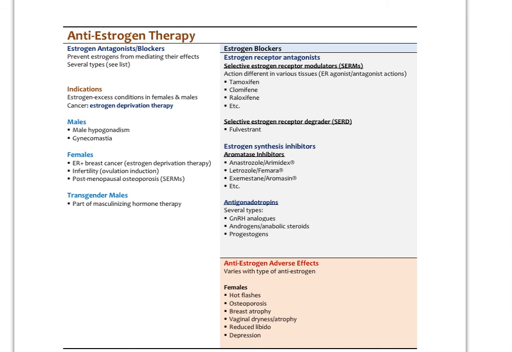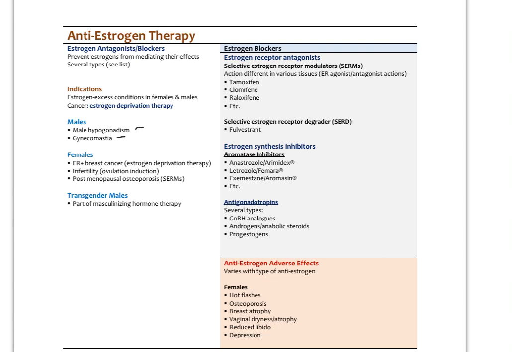But these are used in cancer therapies as part of what's called estrogen deprivation therapy. In males, anti-estrogen therapy might be used in male hypogonadism, so with low testosterone. Any estrogen is going to create a hyperestrogenic state, so we try to block the effects of estrogens, maybe having gynecomastia.